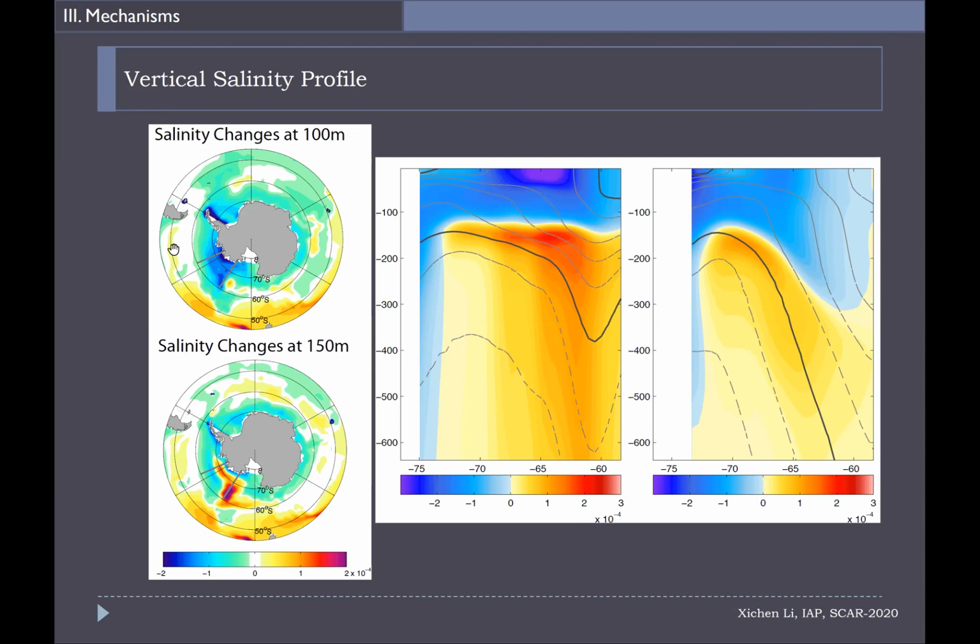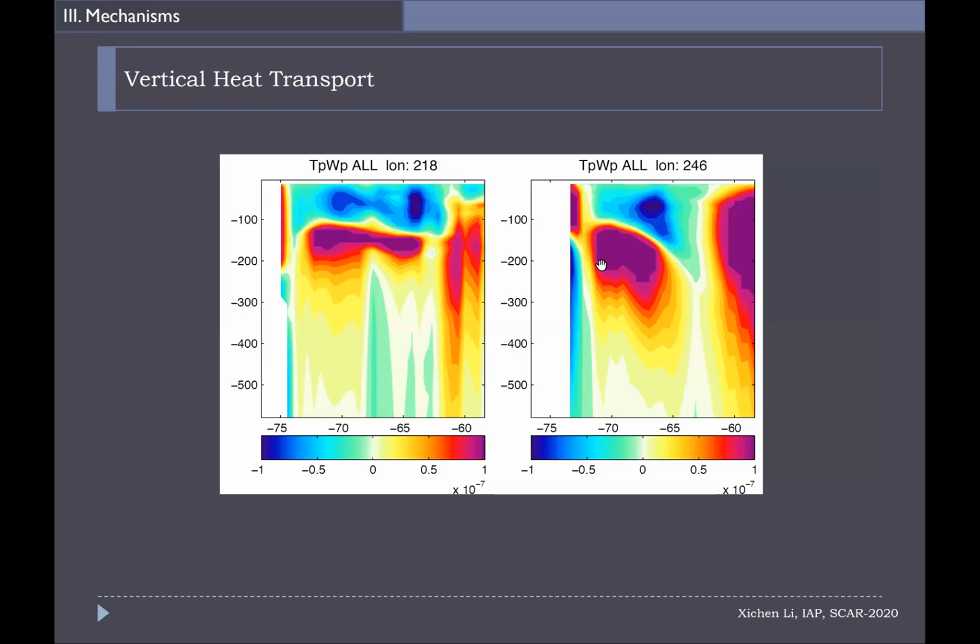The left two panels are the salinity changes in the model. Above 100 meters it becomes fresher, and below 150 meters it becomes saltier. We have two profiles, one across the Weddell Sea and one across the Amundsen Sea, and we found that the salinity over the subsurface ocean has increased while the stratification has been intensified. The intensified stratification changed the vertical heat flux in the ocean.